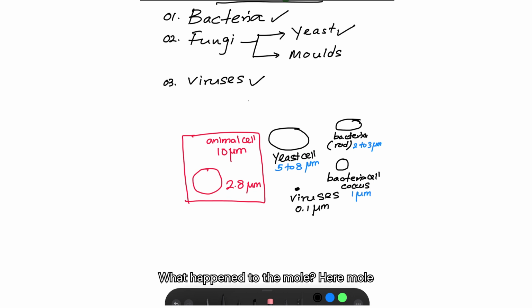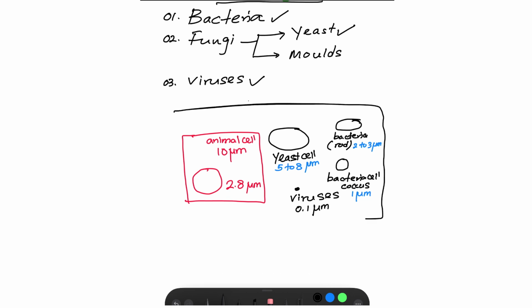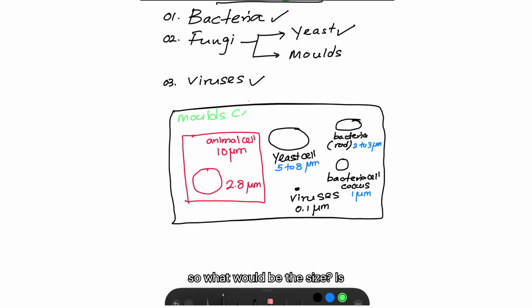What about the mold? Mold cells are often larger. It's the biggest one. This is a mold. What would be the size? It is 40 micrometers.